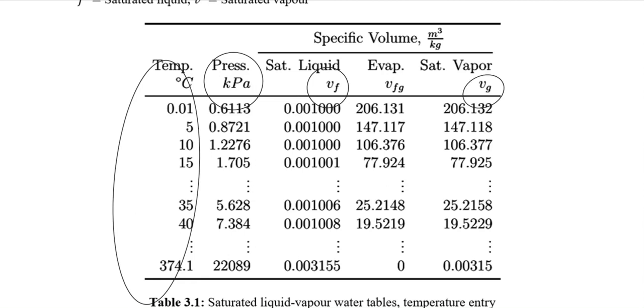We are ignoring the other columns for now, and we will talk about enthalpy and entropy in the next few lectures. And yes, Vg minus Vf, which we have already talked about, is equal to Vfg. So if we are given a temperature, for example 15 degrees centigrade, and that is our saturation temperature.